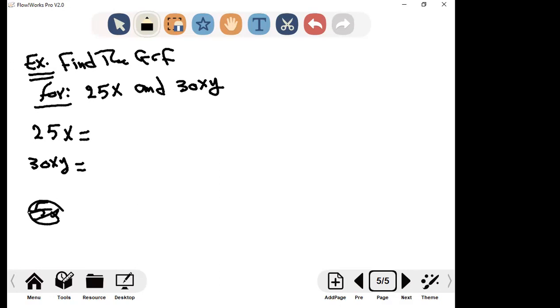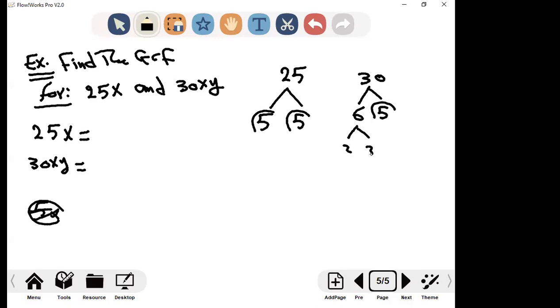Now we'll go by side and take 25 and make it a tree, 30 and make what? 25 is 5 by 5, we cannot do more. 30 is 2 by 3 by 5. So 25x is 5 multiply 5 multiply x, and 30xy is 2 by 3 by 5 by x by y.